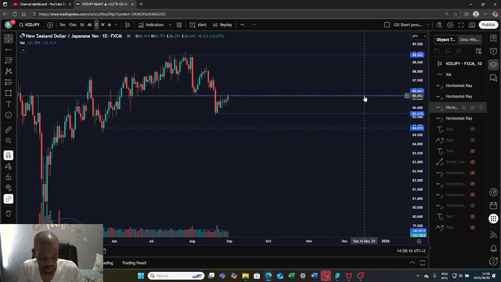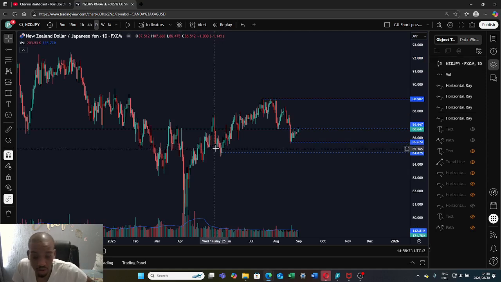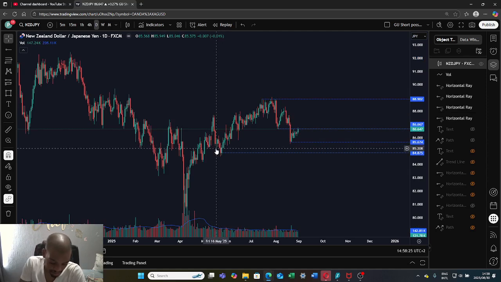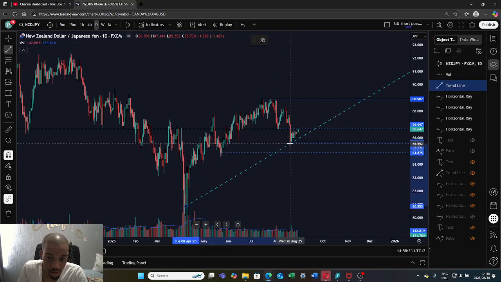Cool. Alrighty. Done with the swings, done with the reversal zone, done with the supply and demand zones, done with the Fibonacci. Are there any trend lines over here? First glance, it's a no.